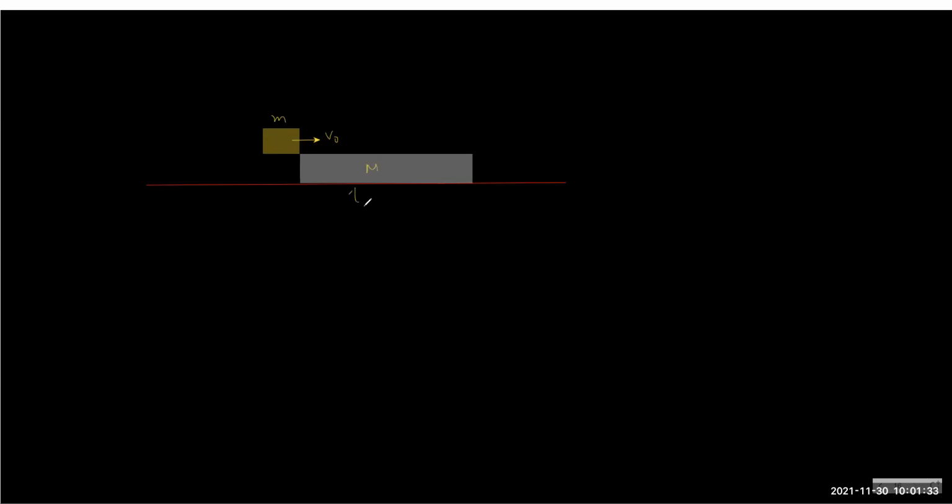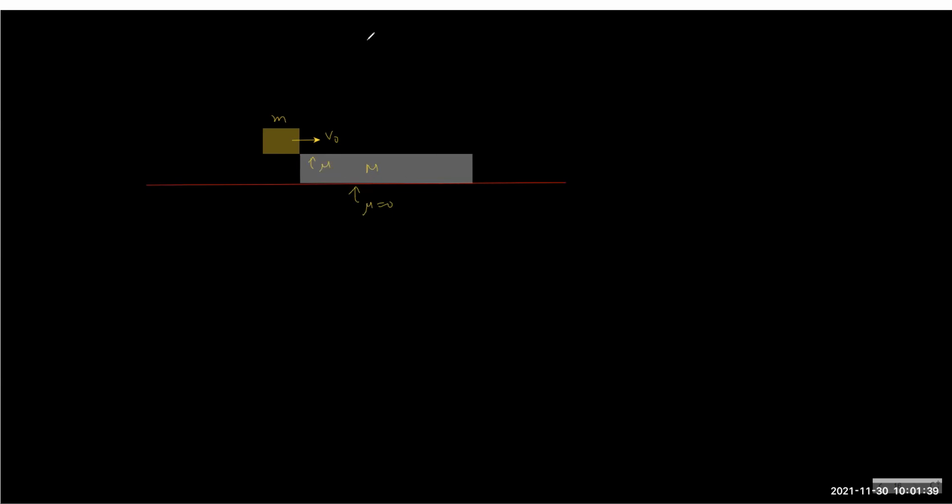So the question that I asked was, if we have a plank and there is a block, and if you project the block on the plank with some initial velocity v naught, and there is no friction here, but there is of course friction here, mu.